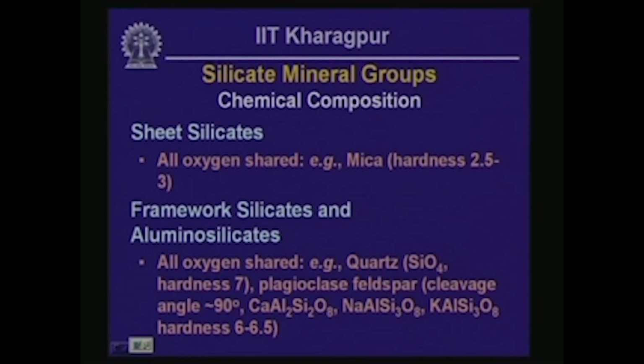That means covalent bonds form out of all oxygen ions, and an example of that is quartz, which has a hardness of 7. Plagioclase feldspar has a hardness of 6 to 6.5, and the formulas of plagioclase feldspar are mentioned on the slide. These are basically calcium aluminosilicate, sodium aluminosilicate or potassium aluminosilicate.